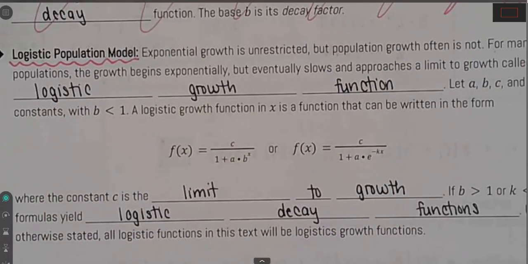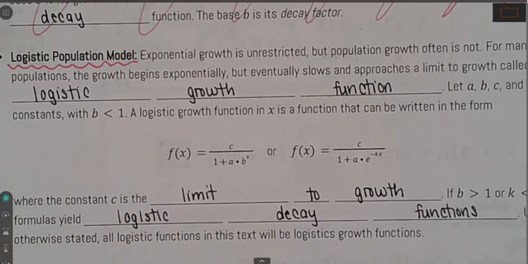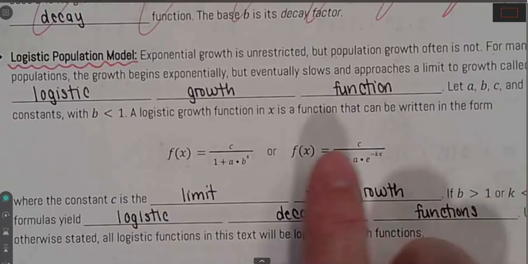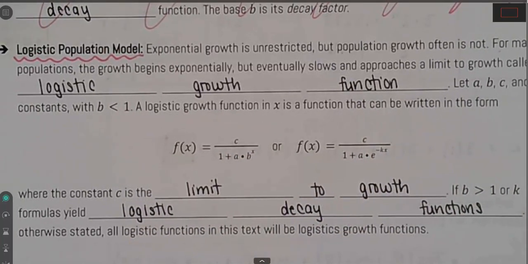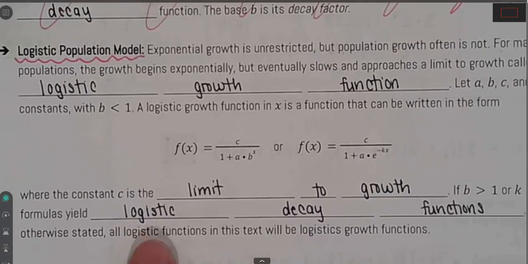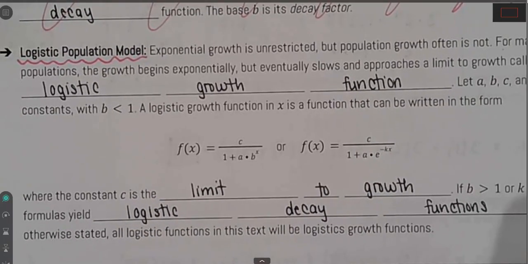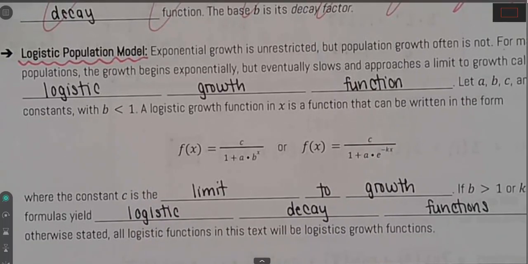Let a, b, c, and k be constants with b greater than 1. A logistic growth function in x is a function that can be written in this form or this form, where the constant c is the limit to growth. If b is greater than 1 or if k is less than 0, these formulas yield logistic decay functions. Unless otherwise stated, all logistic functions in this text will be logistic growth functions. Sorry for the typo there.